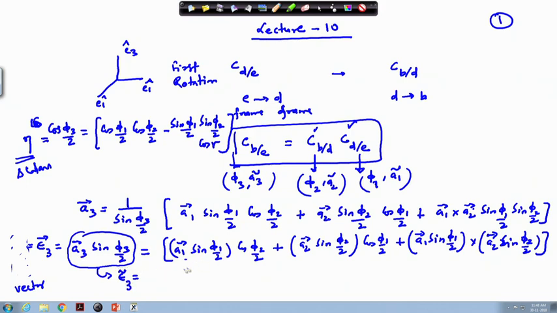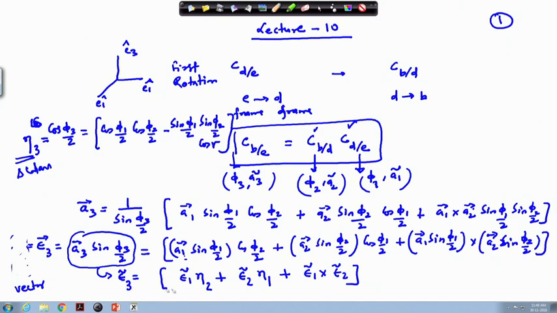Following the same line, this can be written as epsilon 1 tilde, because A 1 is present and this is a vector, so this is A 1 tilde sin phi 1 by 2. Using this notation, cos phi 3 by 2 becomes eta 3, this becomes eta 2, this quantity becomes epsilon tilde 2, and this one eta 1, plus the quantity present here, epsilon 1 cross epsilon 2.